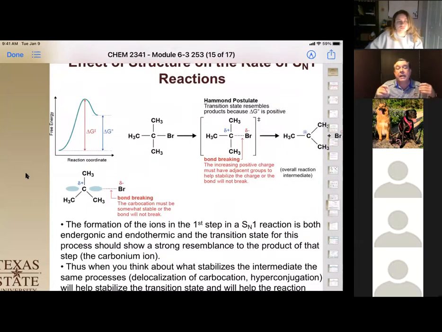It takes a significant amount of energy to break that bond first. Our intermediate, the carbocation, is much higher in energy than our starting material, and so it's much closer to our product, and therefore it takes energy.